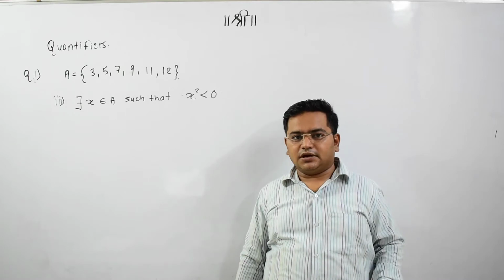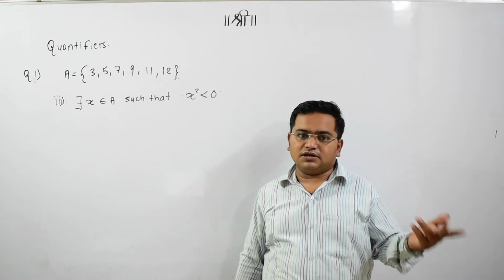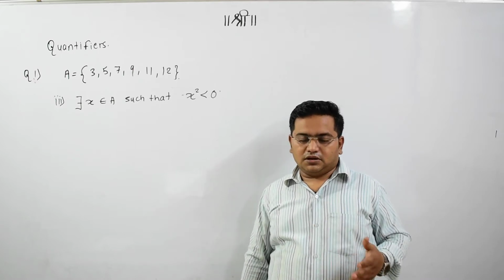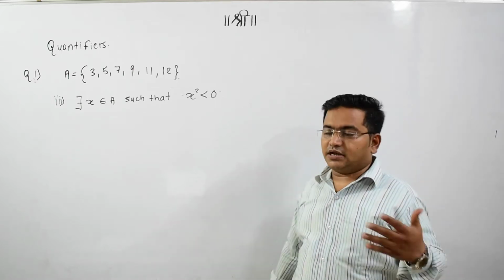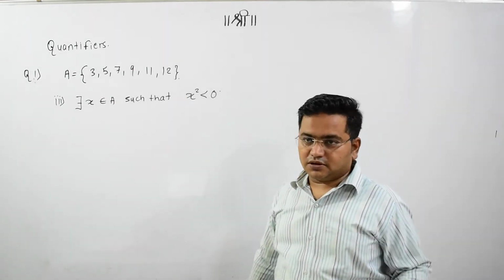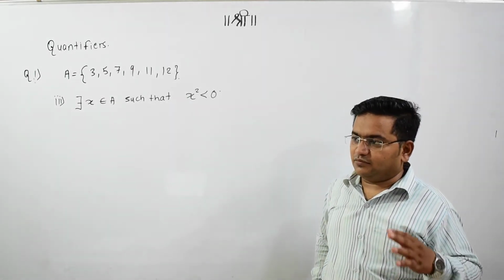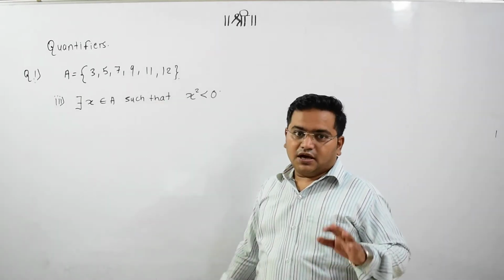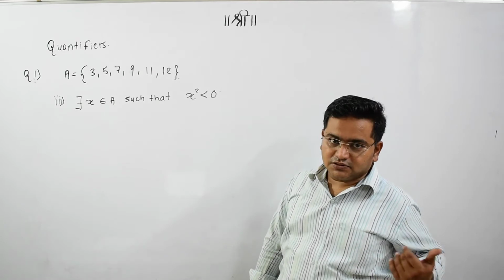If you take negative numbers, the square of a negative number is greater than 0. So again there is no number in the real number system whose square is less than 0. I'm very sure about that statement.